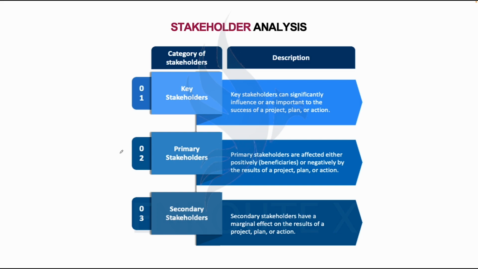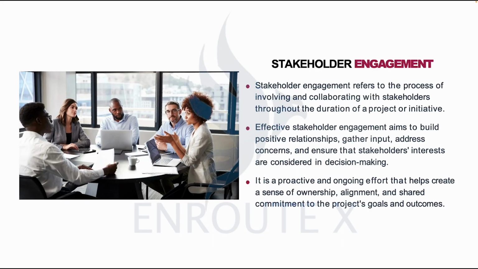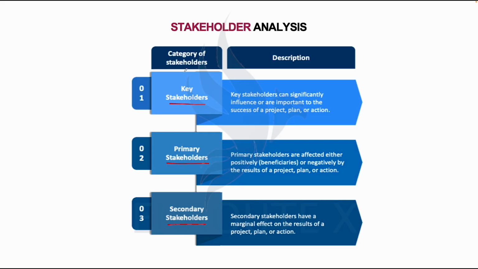So we could also classify the stakeholders as key stakeholders, the primary stakeholders, and the secondary stakeholders. The key stakeholders can significantly influence or are important to the success of a project, plan, or action.